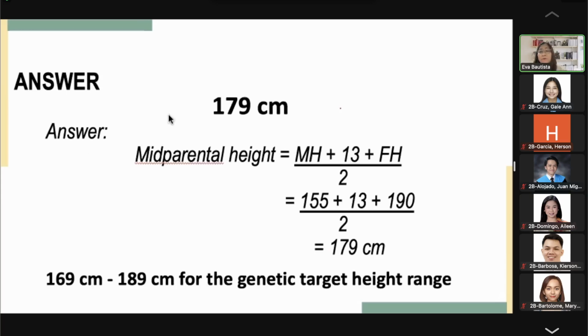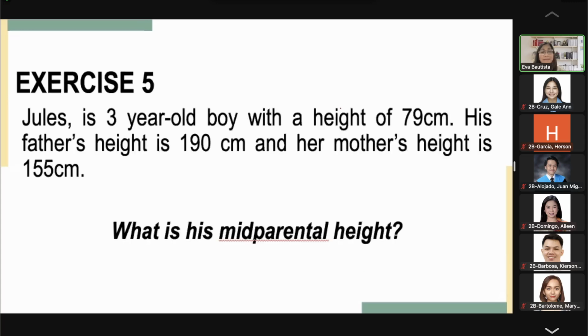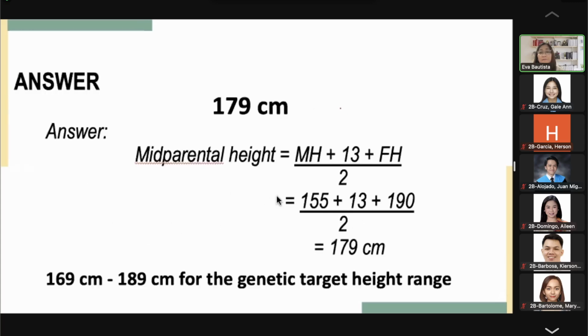Mother's height plus 13, and the mother's height is 155 centimeters. So 155 plus 13 plus the actual height of the father, and divided by 2. So we have 179, but you have the plus minus 10 centimeters range for the genetic target height range.